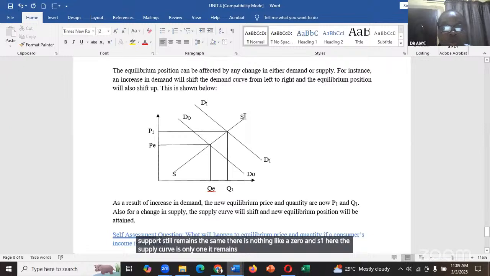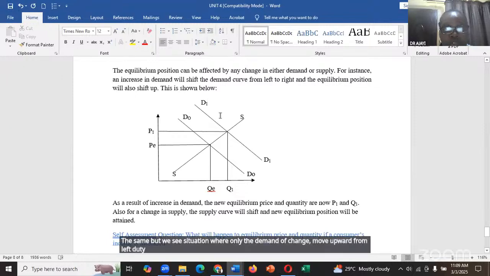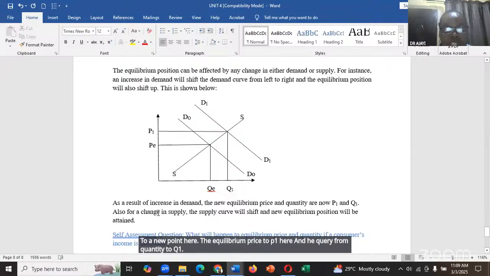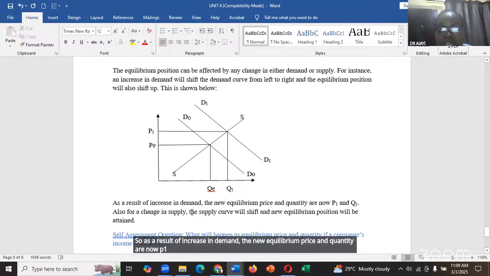But we see a situation where only the demand curve moves upward from left to the right. The initial equilibrium is here at PE, QE. But the shifting upward moves the equilibrium point to a new point here, the equilibrium price to P1 and the equilibrium quantity to Q1. So as a result of increase in demand, the new equilibrium price and quantity are now P1 and Q1.